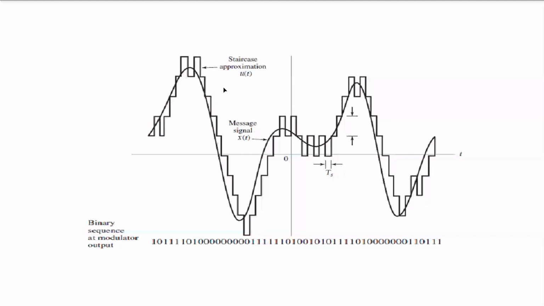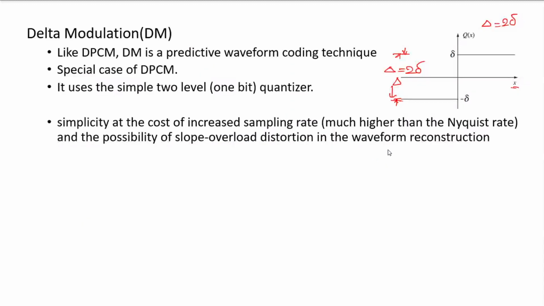If the difference between the sample value and its predicted value is greater than 0, the quantizer quantizes it to plus delta. That means the step size will be increased by delta. If the difference between the sample and its predicted value is less than 0, the step size will be decreased by delta. That means minus delta.